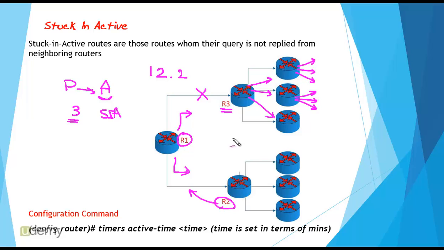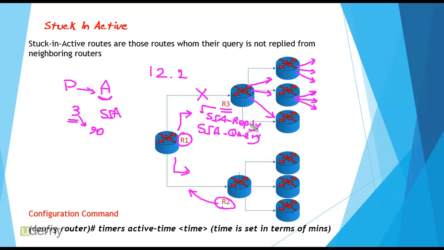In routers that have IOS after 12.2, when this timer reaches half, for example, if it is 3 minutes, at 90 seconds, the router sends a query which is called an SIA query. It means that I'm still waiting for your response. And router 3 replies with an SIA reply. It means that I'm still querying for your query and I'm still waiting for my neighboring routers.